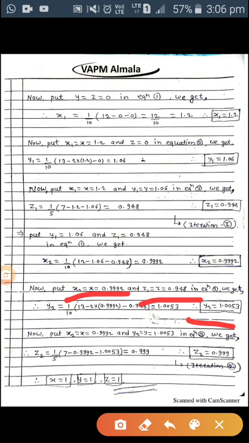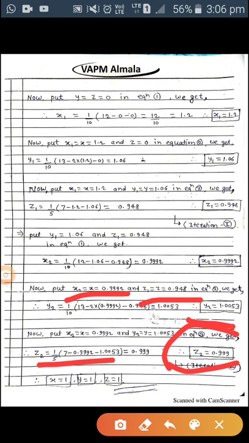After that, putting x2 as x and y2 as y in equation number 3, we get the second value of z, that is z2 = 0.999. So in this manner, up to 2 iterations, we find the values of x, y and z.